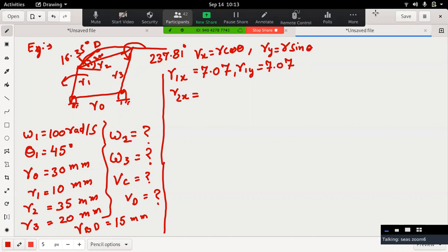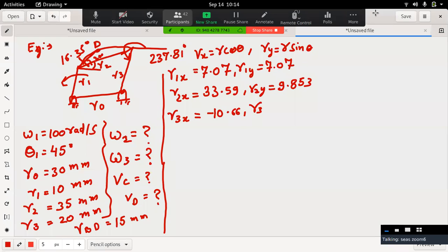Similarly, we can write r2x. So what will r2x be? r2 cos 16.35. Okay, when we solve this it comes to 33.59. Similarly, r2y is r2 sin 16.35, so its value comes to 9.853. Similarly, for r3x we can write r3 cos 237.81. When you solve this on your calculator, you will get the value of minus 10.66.